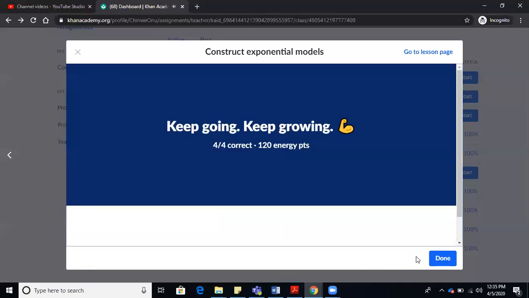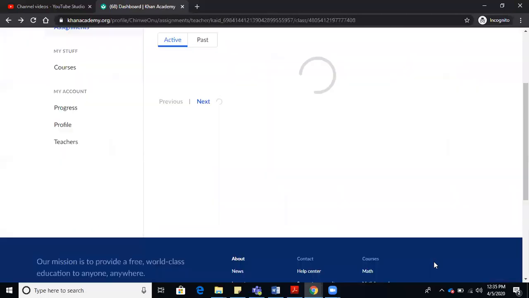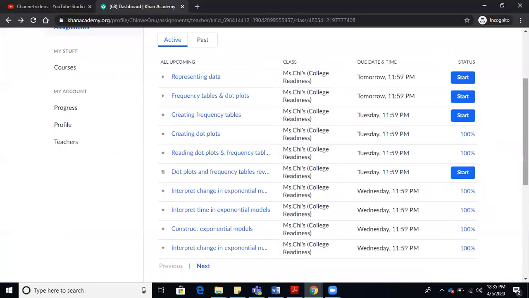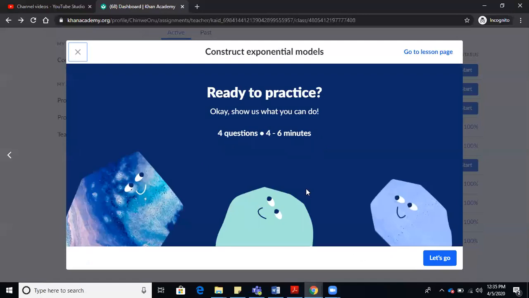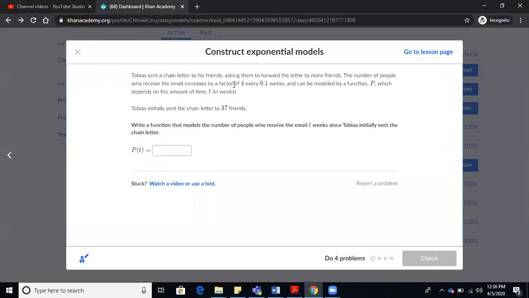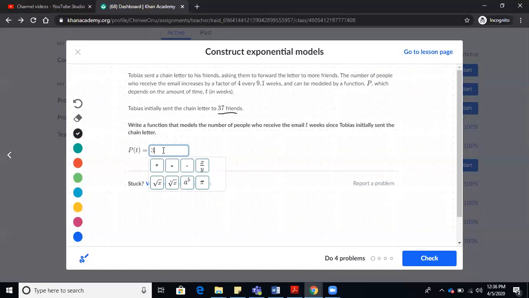And I'm just gonna do one more, maybe 2 more, just so you can really get a hang of it. So you always want to start with your initial amount. Here I have 37 friends. My initial 37. Put my parentheses. And here it tells me my factor. So I know, remember factor, you don't have to do anything.